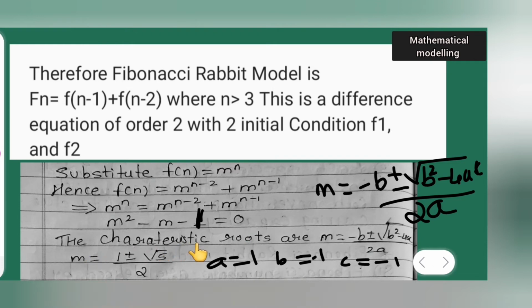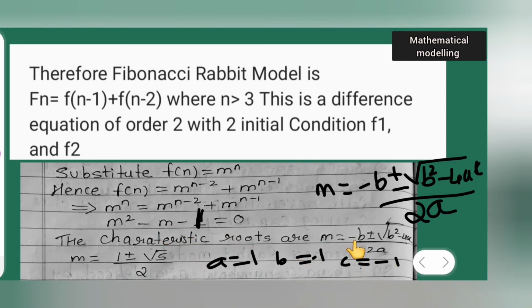The characteristic roots are m is equal to minus b plus or minus square root of b square minus 4ac, upon 2a. Now what is my a? A is 1, the coefficient of this is 1. Then b is minus 1, and c is again minus 1.